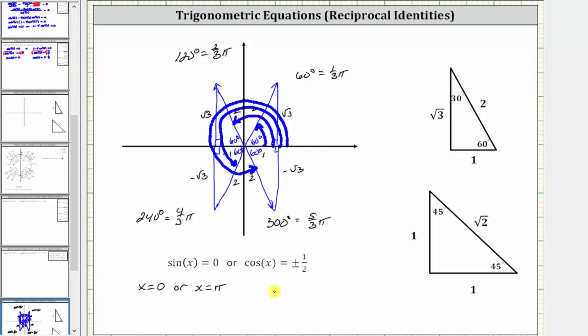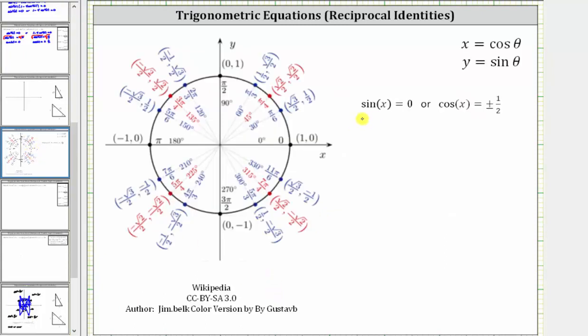And again, let's verify this on the unit circle. Again, on the unit circle, x equals cosine theta, y equals sine theta. For sine x equals 0, we look for y coordinates of 0, which are here and here at 0 radians and pi radians. And then for cosine x equals plus or minus 1/2, we look for x coordinates of positive 1/2 or negative 1/2, which occur in each of the 4 quadrants.